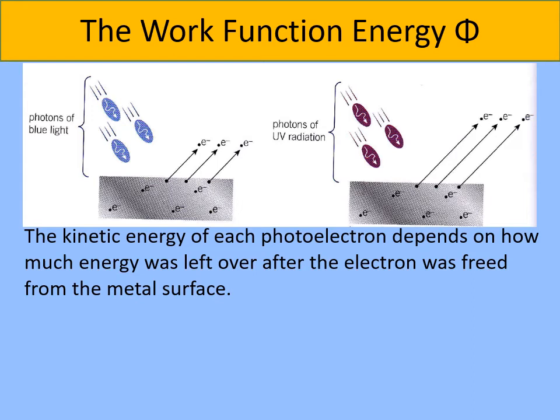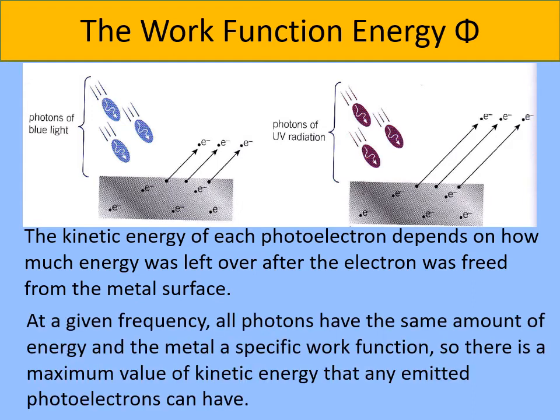So the kinetic energy of each photoelectron depends on how much energy was left over after the electron was freed from the metal surface. At a given frequency, all photons have the same amount of energy and the metal has a specific work function. So there is a maximum value of kinetic energy that any emitted photoelectrons can have.